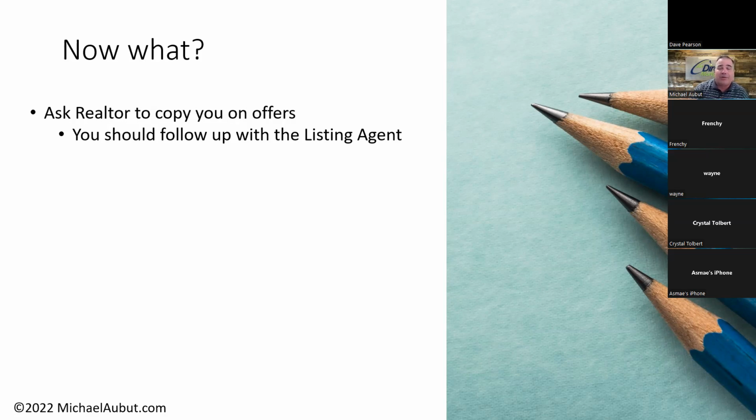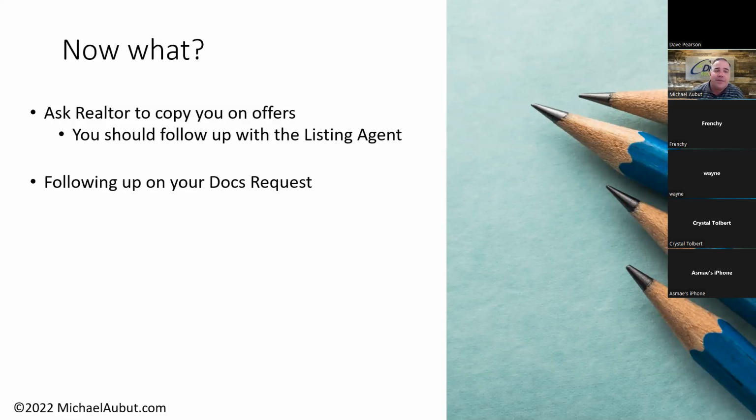So I tell my realtors, I don't mind. When you're ready to submit an offer, let me know, and I'll customize the letter for you and include the property address and the exact offer price. It goes a long way towards serving your realtor, and it also gives you the opportunity to build a stronger service relationship with your realtor.